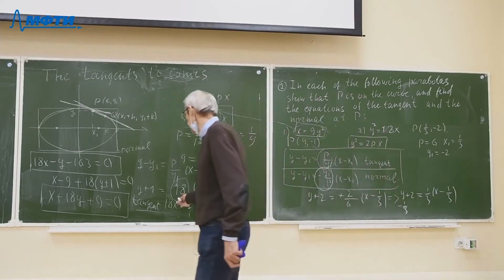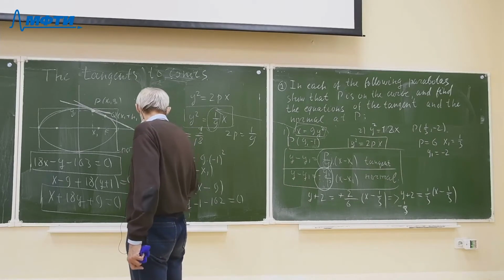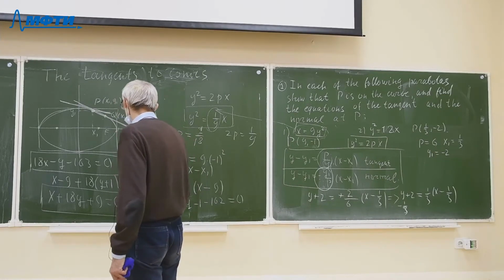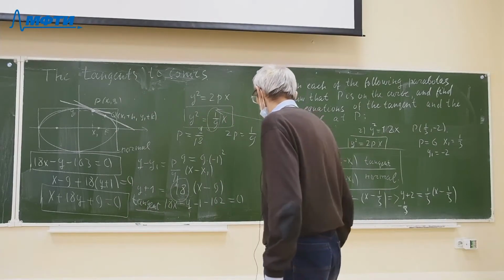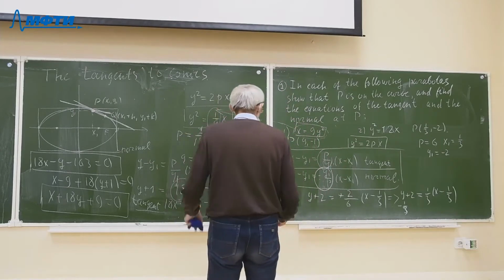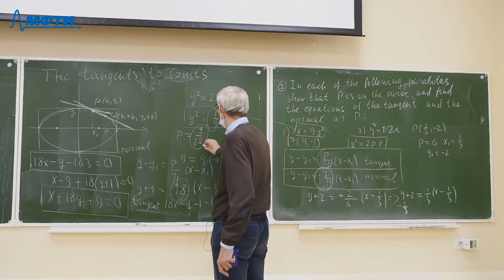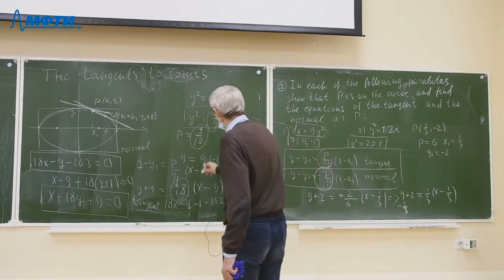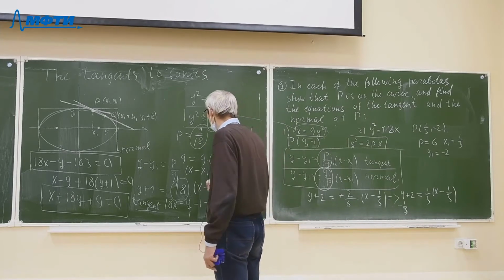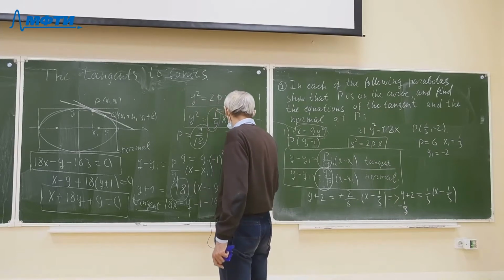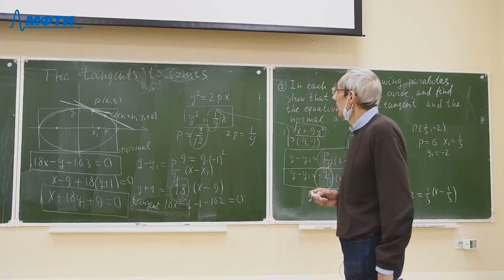In one case, we obtain 18, and in the other case 1 divided 18. P is equal 1 divided 18, and y is equal -1, and in one case this coefficient is equal -18, in the other case it is equal 1 divided 18.